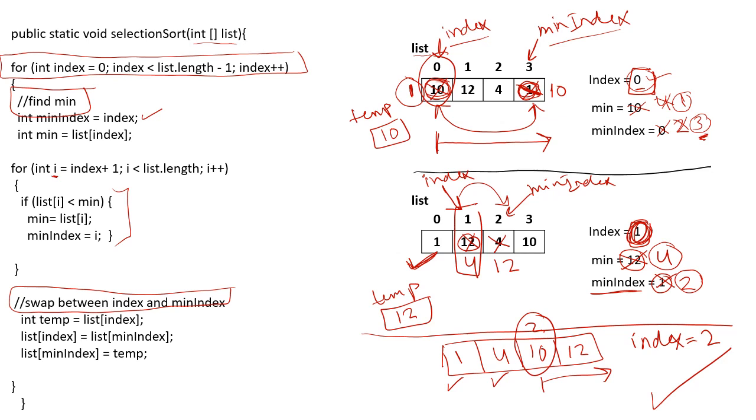So if this is our index, and we found the minimum at location 3, this is minimum index, so we have to do the swap between these 2 elements, and that's why we need to do a swap between index and minimum index. And you will go with the iteration till your array is sorted. Once this method is done, it will go back to the main method, and from the main method you will output the sorted elements.